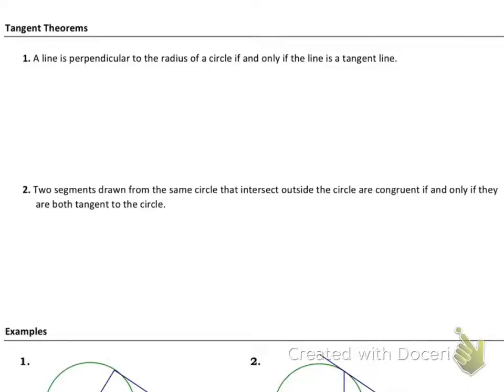So all they're saying is if I draw a circle, and I draw a line tangent to that circle, so that line is tangent, and I draw a radius from the center to here, that automatically makes it a right angle.